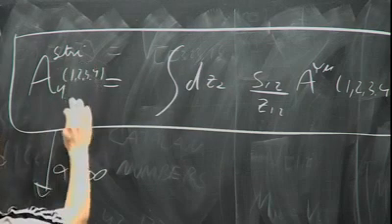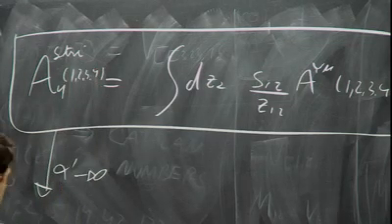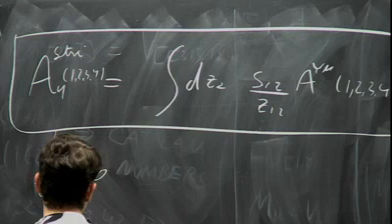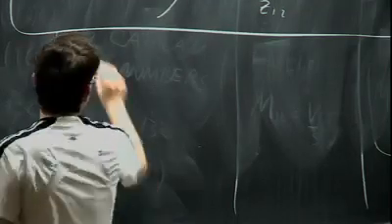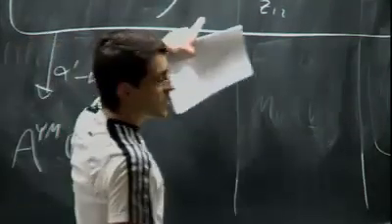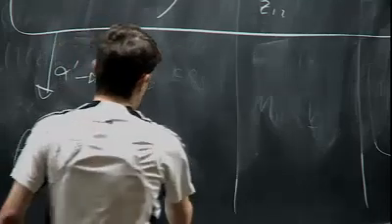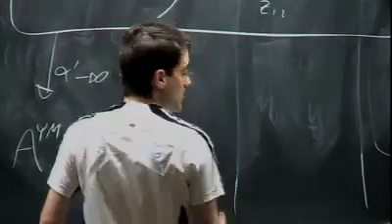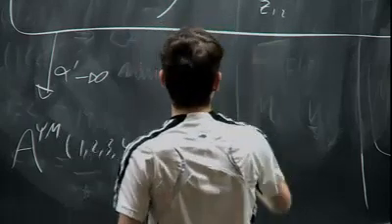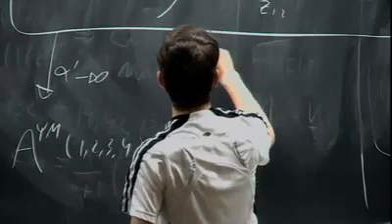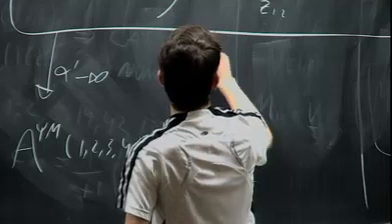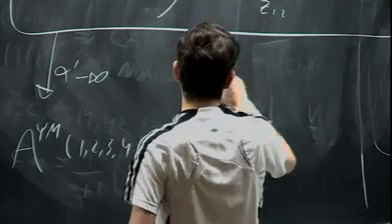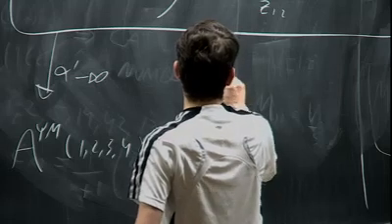The string amplitude with this color ordering should reproduce the Yang-Mills amplitude. That's the left-hand side. Now the right-hand side must be the same. So you already know for free that this integral, say, let's give it a name. It's f 1, 2, 3, 4.